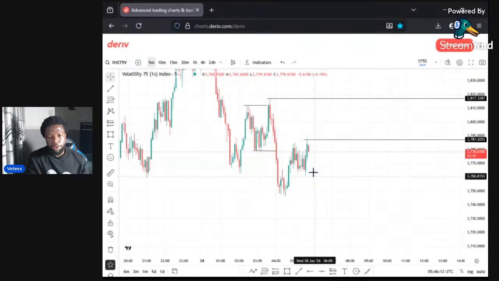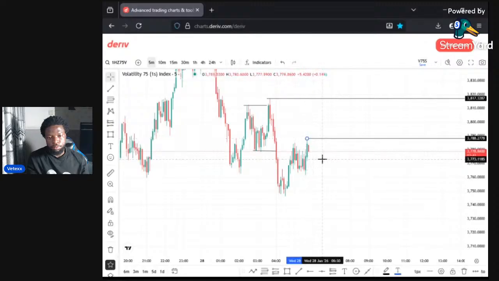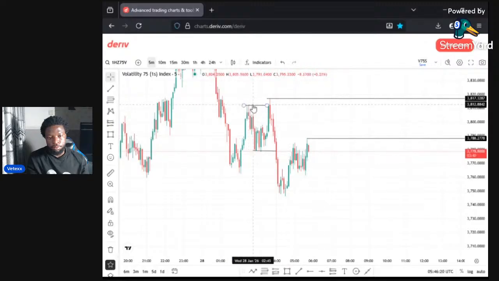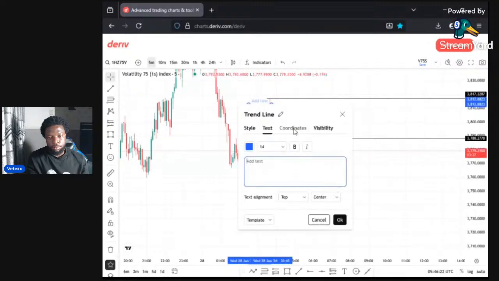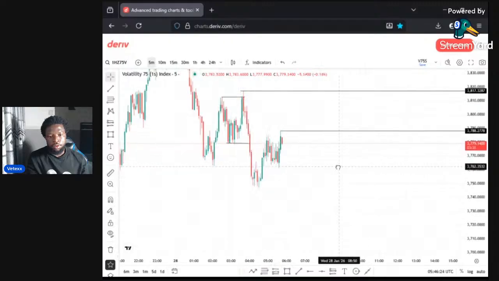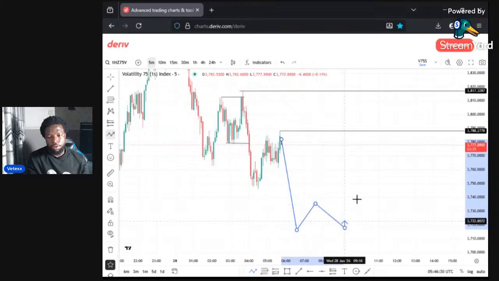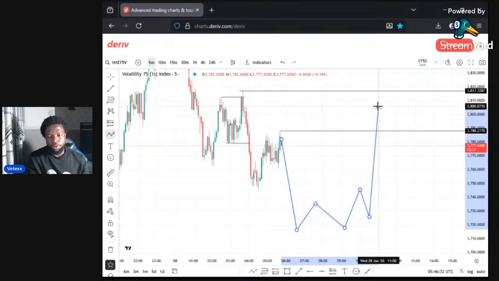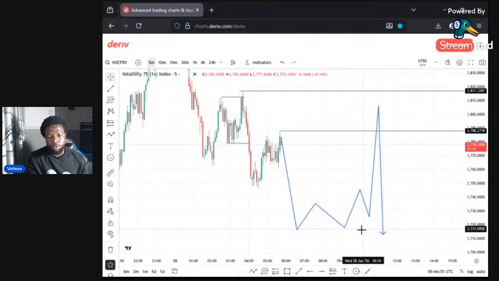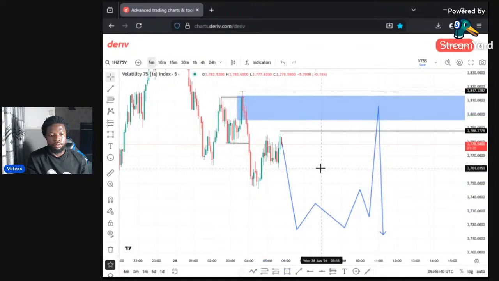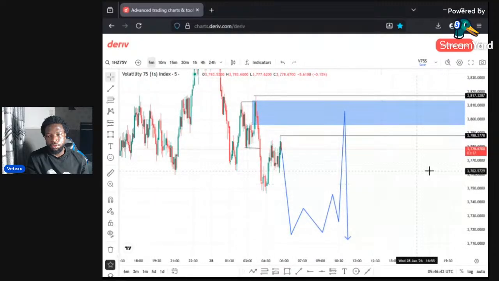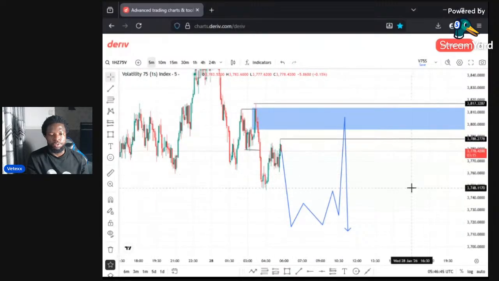So once price breaks this, so if price does this, then we can know that price is going to do something like this. Come here and then sell. So let's anticipate this. Hopefully it comes. Then we have something to hold on to for today.